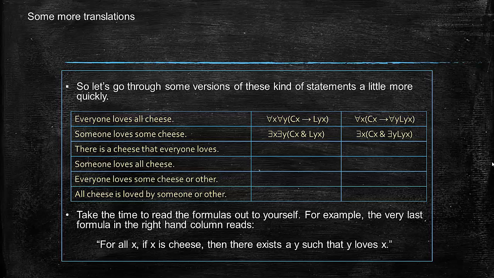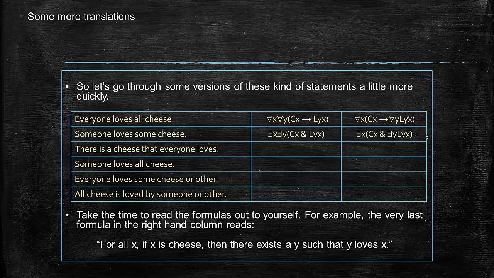So I'll just focus on the second way because I think this is more intuitive. There exists an x such that x is cheese, and there exists a y such that y loves x, right? So someone loves some cheese. Now this, strictly speaking, says something loves some cheese, but we're interpreting someone as something.